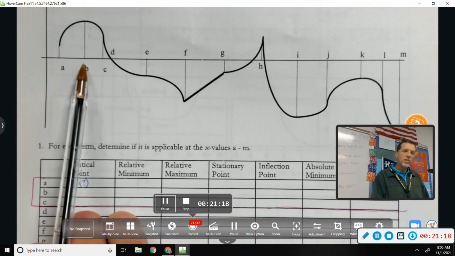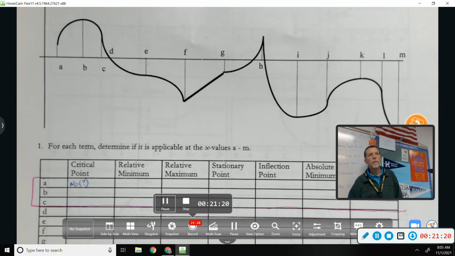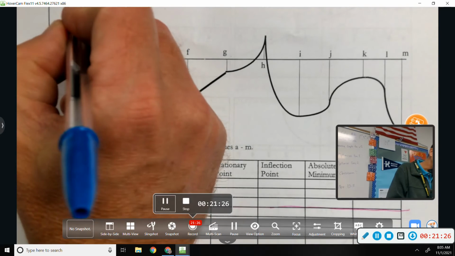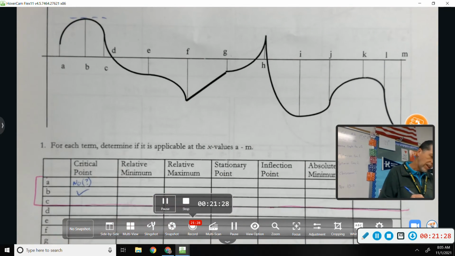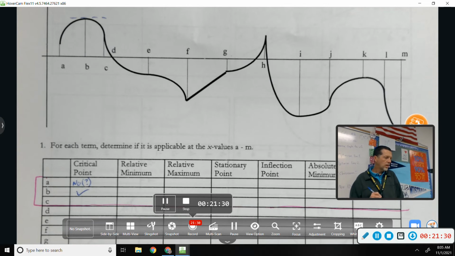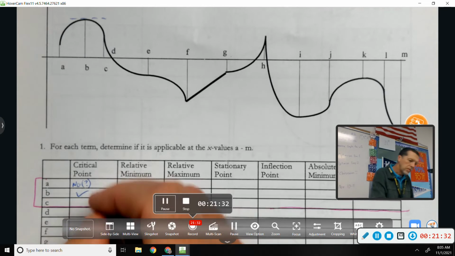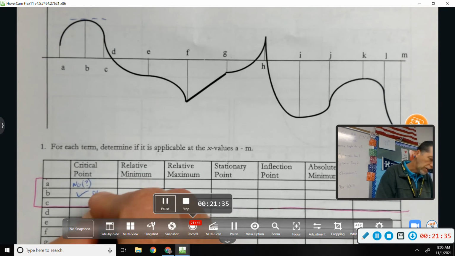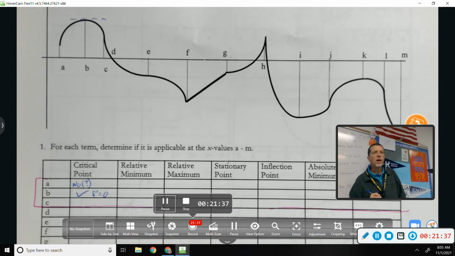How about B? Is B a critical point? Yes. All relative maxes and mins are critical points. So that's a yes. In fact, we could even say because f prime equals 0. How about C? Is C a critical point?